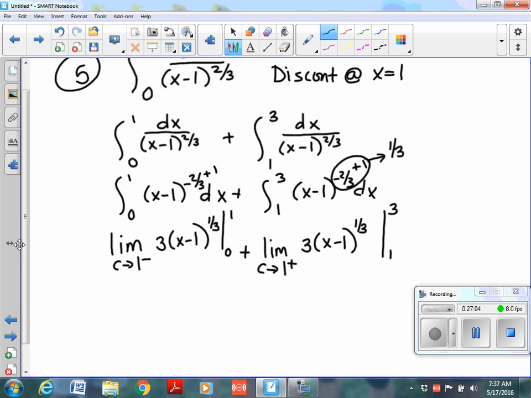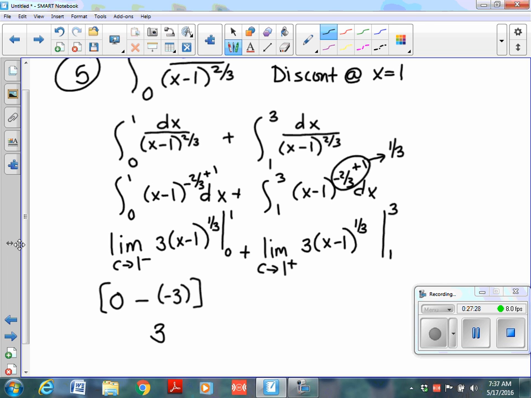When you plug 1 in here, you're going to get 0 minus, you plug 0 in there, you're going to get a negative 1 to the 1/3, and you're just going to end up getting a minus of a negative 3, which ends up just being 3.